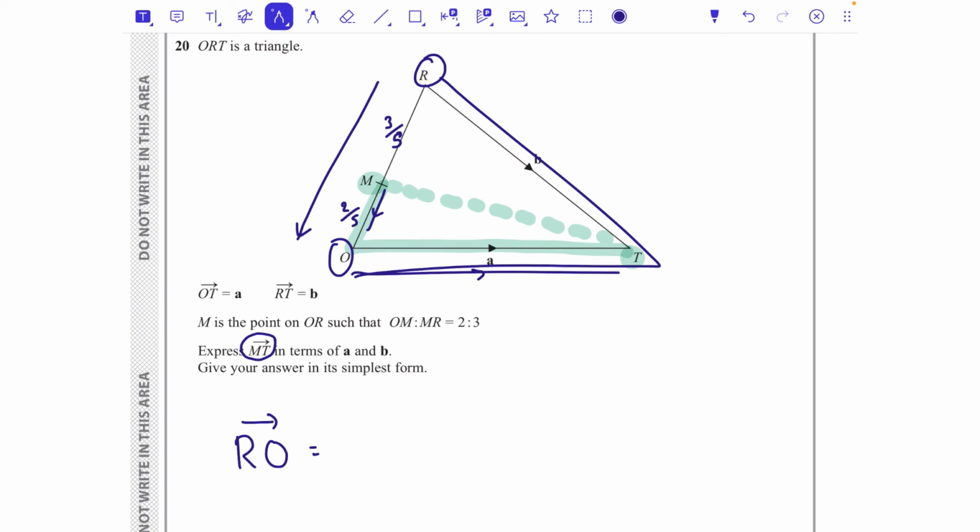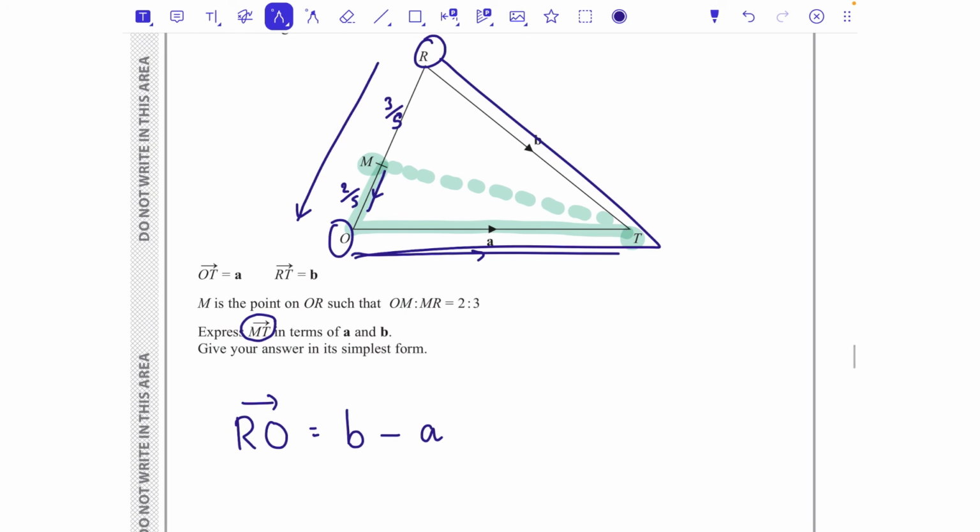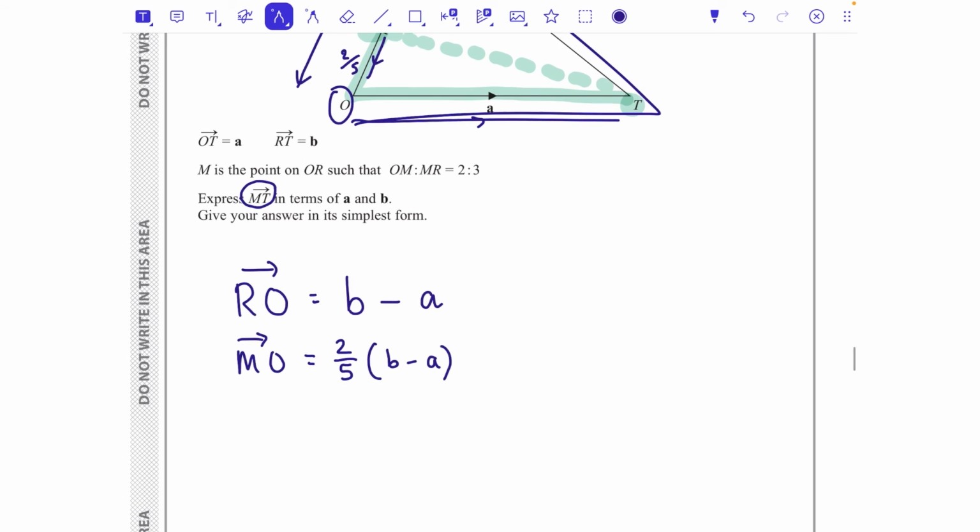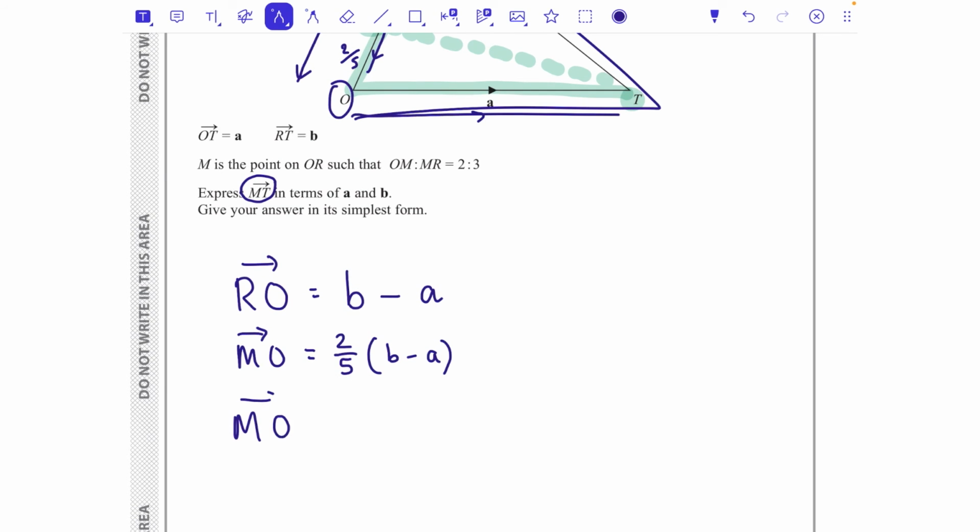So R to O, we're going with that B arrow, and we're going against that A arrow, so that's going to be -A. So if R to O is that, M to O is 2/5 of that. So M to O is 2/5 B minus 2/5 A.